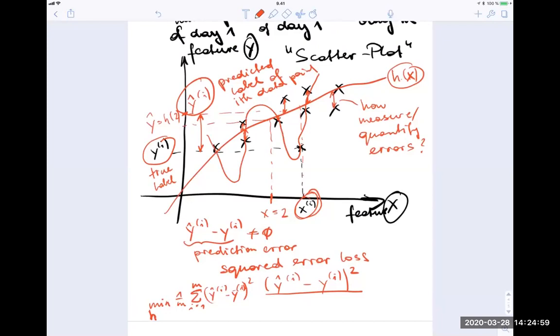We can always find a function, extremely wobbly, but who cares, that perfectly fits the training data and makes this average loss, or training error, 0.